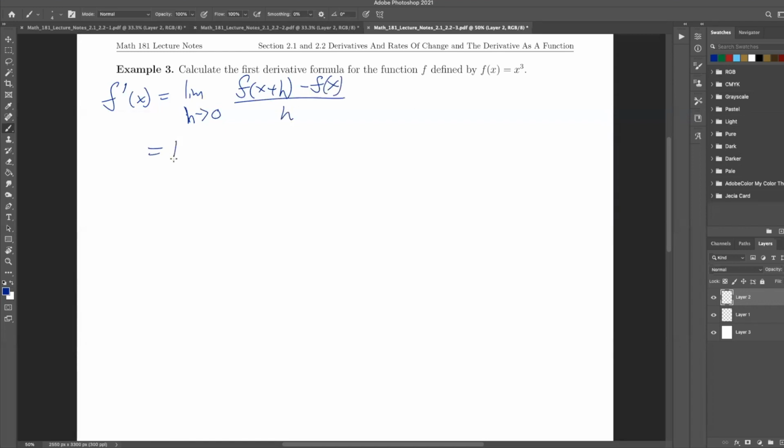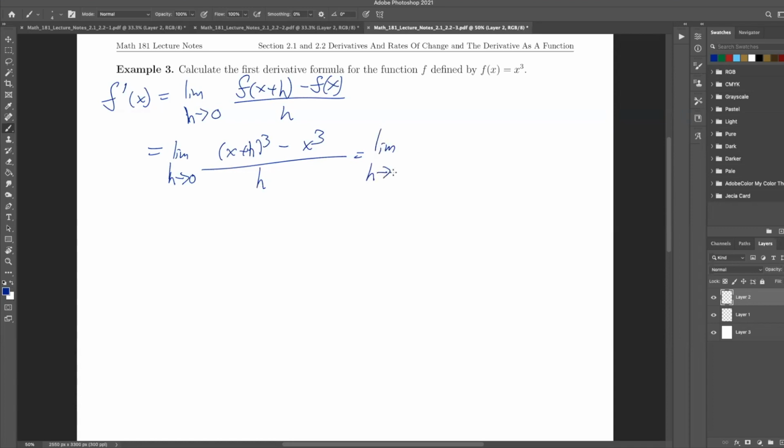In our case, this will look like the limit as h approaches 0 of (x plus h) cubed minus x cubed, all over h.